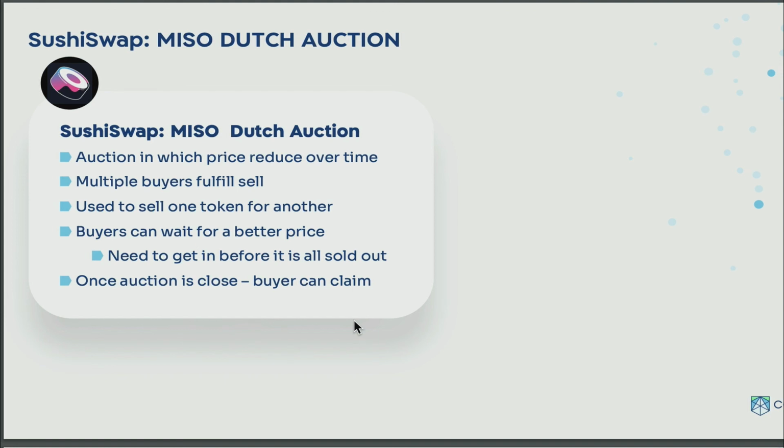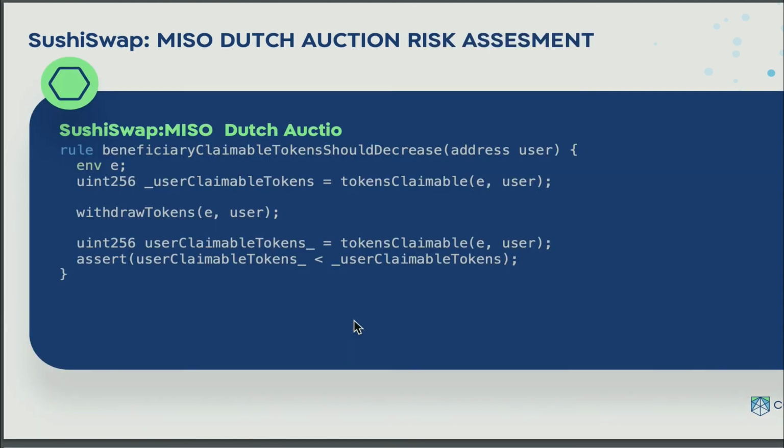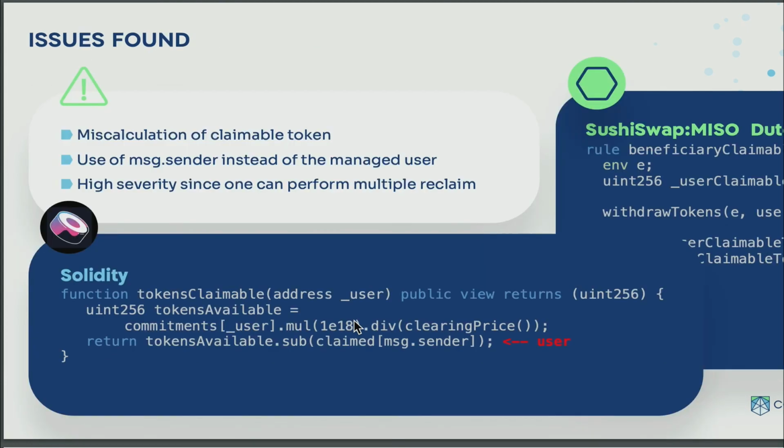The price is going down, and when the auction is closed, anyone that signed up as a buyer, multiple buyers, can claim. A very simple rule will say that no one can claim twice, or if someone can claim after he claimed, the amount of claimable token has to go down. Well, apparently not in this case.